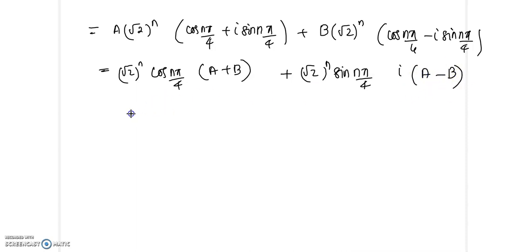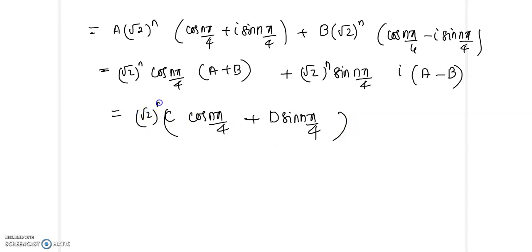So this can be written as c cos n pi by 4 plus d sin n pi by 4, into (root 2)^n. So here a plus b is equal to c and (a - b) into i is equal to d.